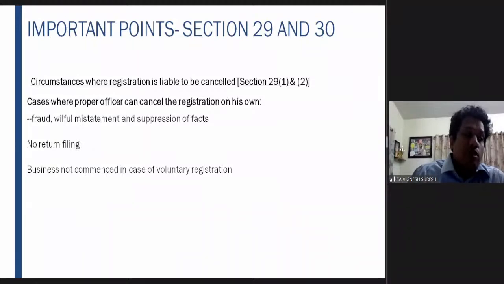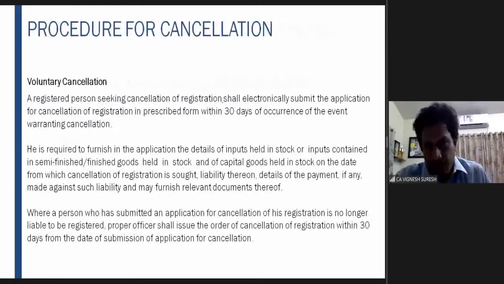Also, if any person has got the registration by way of fraud, willful misstatement, and suppression of facts, where return filing has not happened in case of composition scheme for 3 consecutive tax periods, in case of regular scheme for 6 consecutive tax periods, that is, 6 months returns have not been filed. Then also in case of voluntary registration where the business is not commenced.